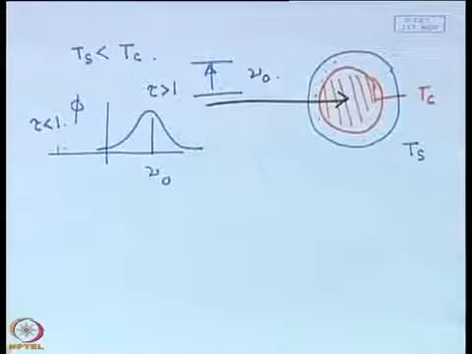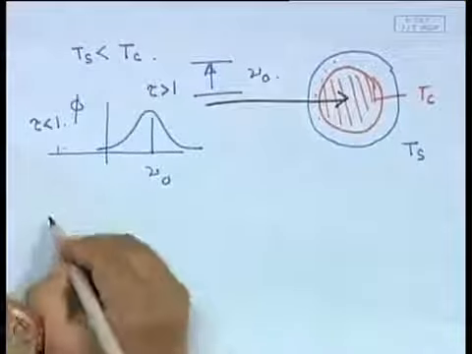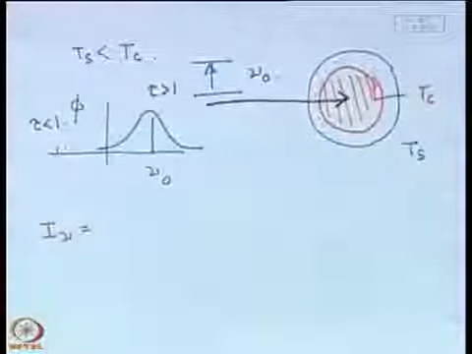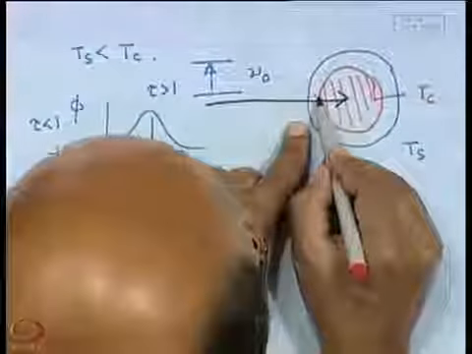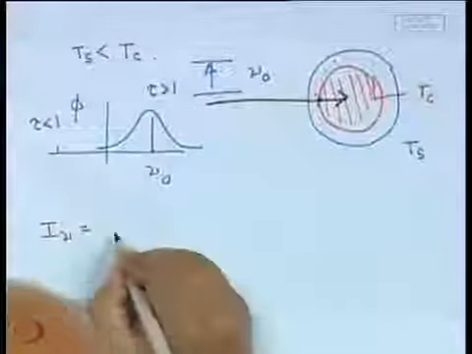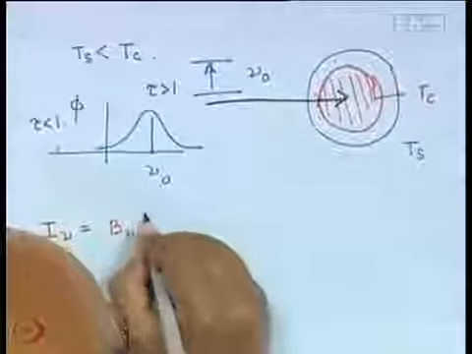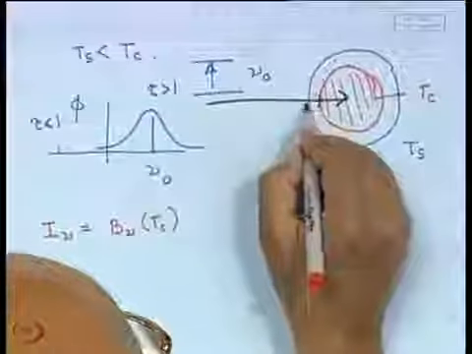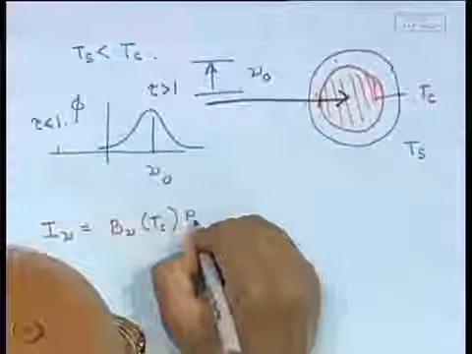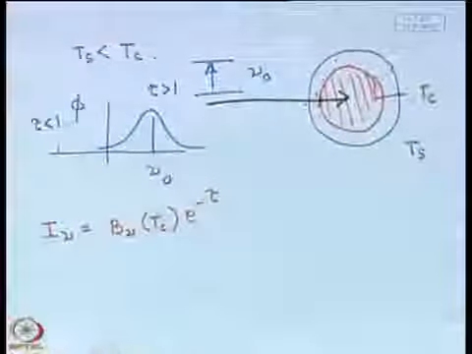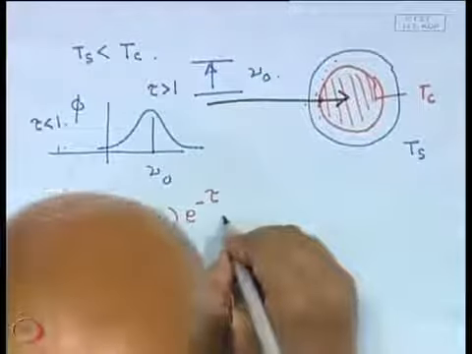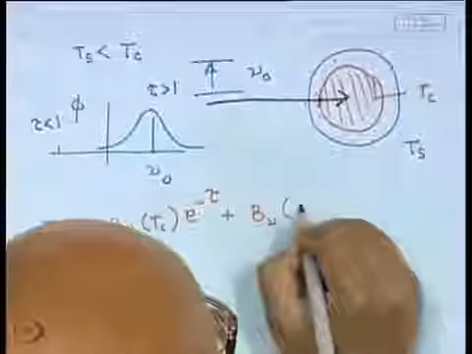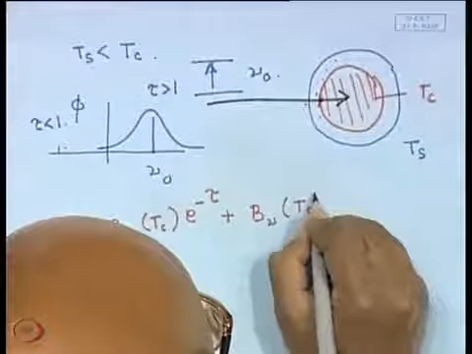The specific intensity outside is going to be the specific intensity of this radiation, which is B nu Tc attenuated by this optical depth, plus the Planck function of the shell outside.